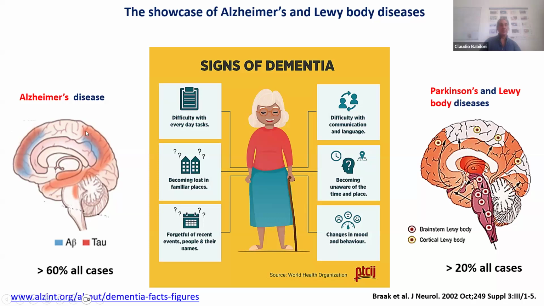In brown is the tau protein, which is a protein that is important for synaptic transmission and also to keep the microtubules of the axons of the neurons in a stable and effective way.